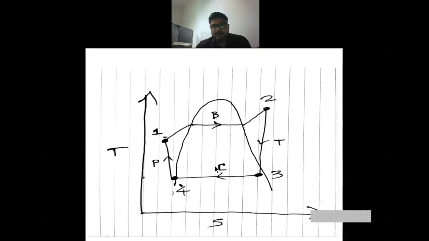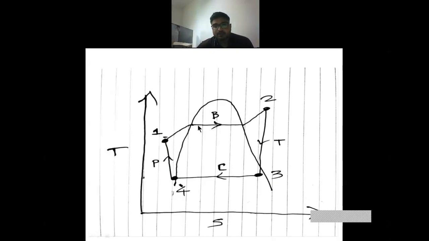Now here we will discuss in which process we are supplying heat. In the boiler we are supplying heat, that we all know. In the turbine we are getting work. In the condenser we are rejecting heat, and in the pump we are giving work. Remember this.